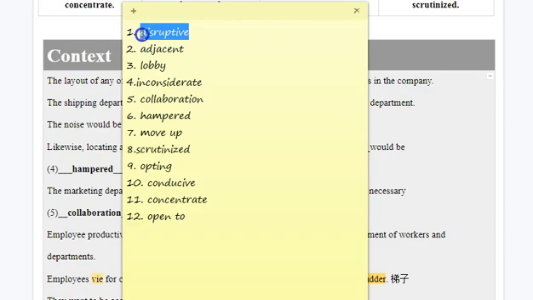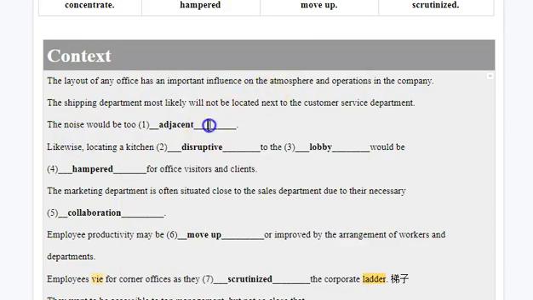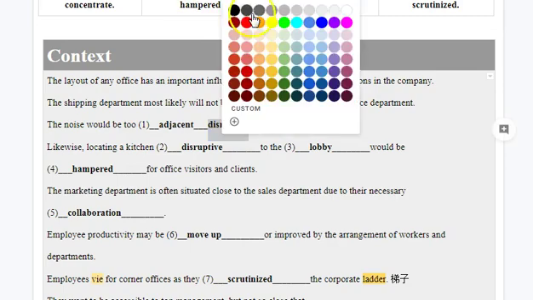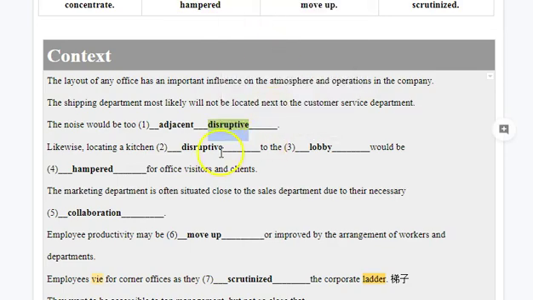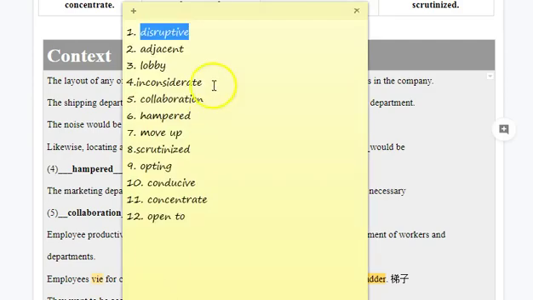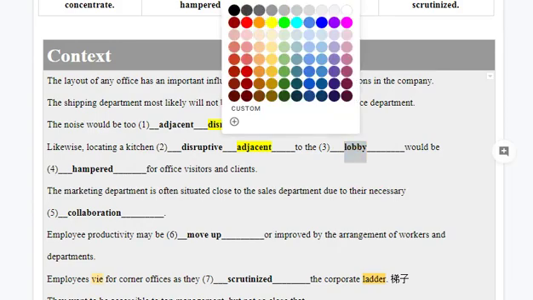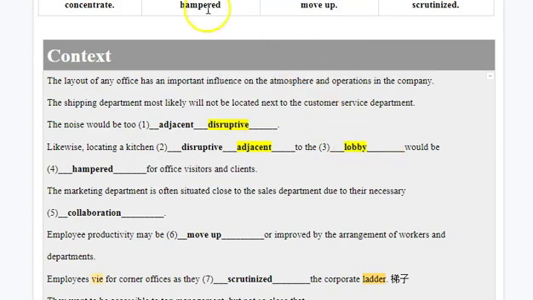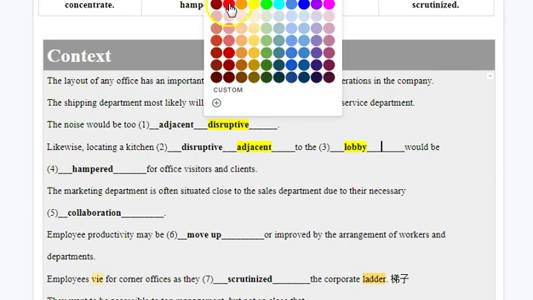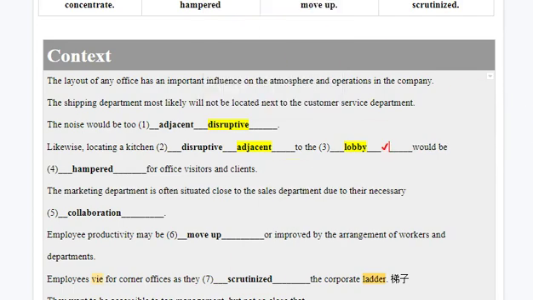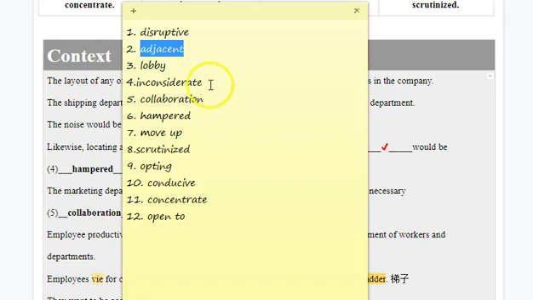The layout of any office has an important influence on the atmosphere and operations in the company. The shipping department most likely will not be located next to the customer service department. The noise would be too disruptive.